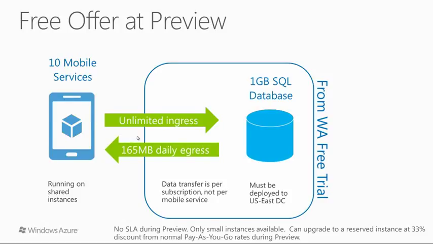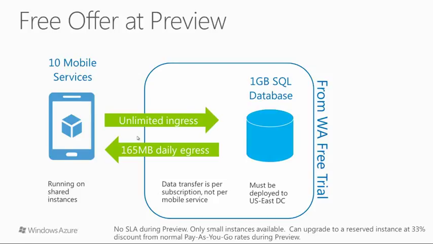But these mobile services require a database as the backend for your structured storage, right? So we've seen throughout today's demos that we're adding items and they're going into a DB. Now, at Preview, the DB isn't bundled in those 10 free mobile services, but you can get a free one from the Windows Azure free trial. So essentially, a 1 gigabyte DB from Windows Azure free trial can be used as your backing for these mobile services.